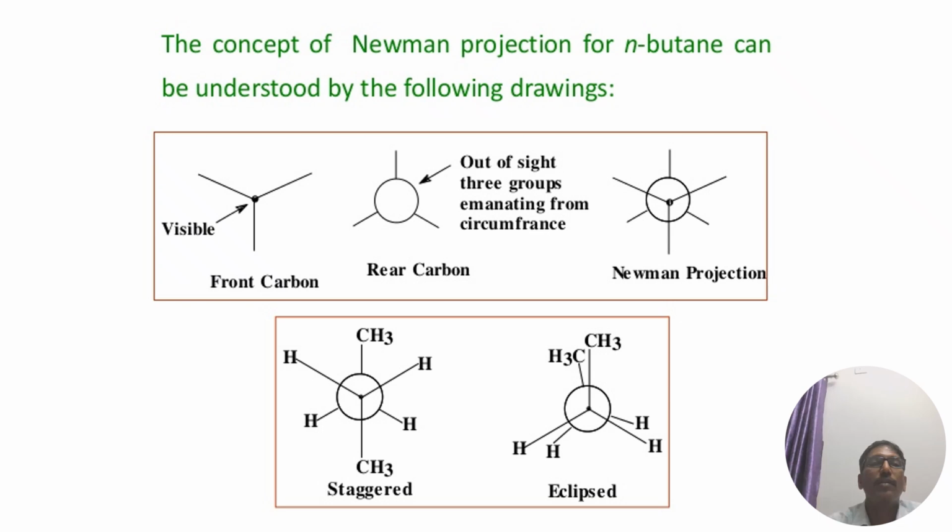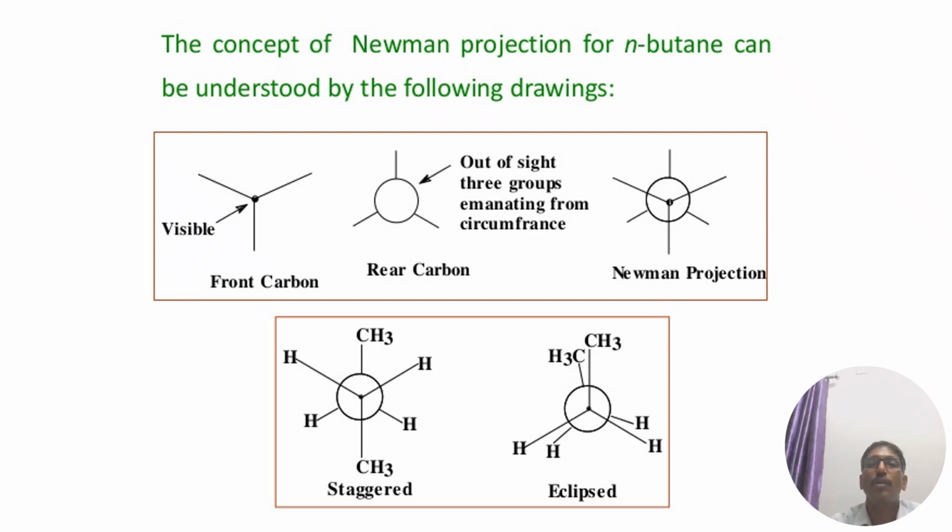Here we can see clearly that the three groups attached to the front carbon are clearly visible, whereas for the back carbon, the groups are not fully visible, only groups emanating from the circumference.